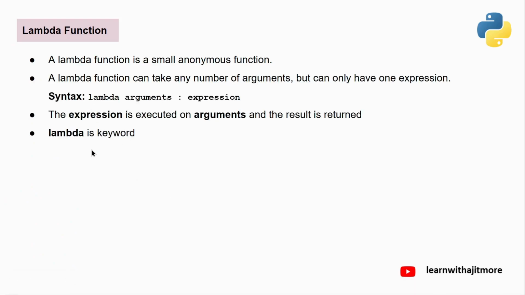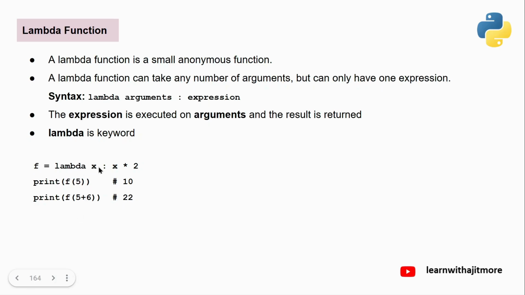Okay. And remember, lambda is a keyword. As an example, I'm giving, this is a one-argument lambda function. See, lambda x, it is just doubling that value, x into 2. Again, just a simple example. Generally, you should give simple illustrations only when you are explaining some concept.